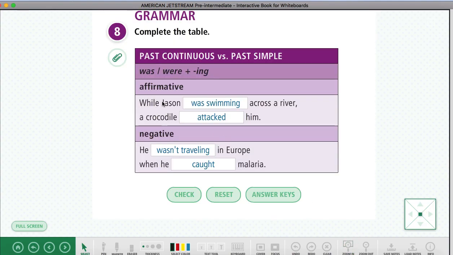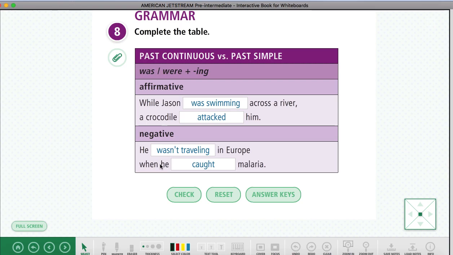Here we are saying while in the past continuous section. While Jason was swimming across a river, a crocodile attacked him. Okay, that's it. This is a positive example. Or you can say in the negative, he wasn't traveling in Europe when he got.